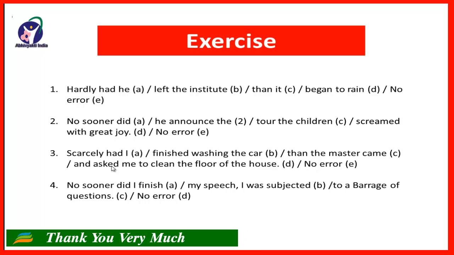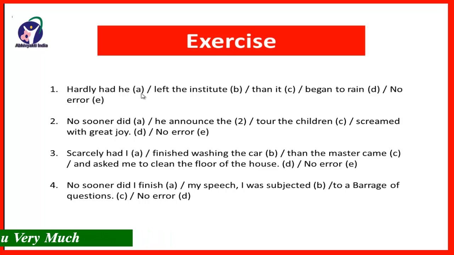Friends, here is the exercise for you. 4 sentences are given and you have to spot the mistake. First sentence: hardly had he left the institute, then it began to rain. Second: no sooner did he announce the tour, the children screamed with great joy.